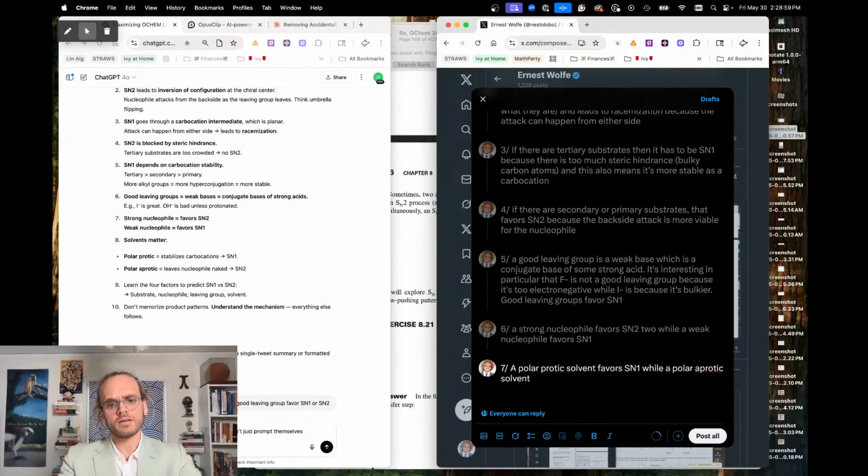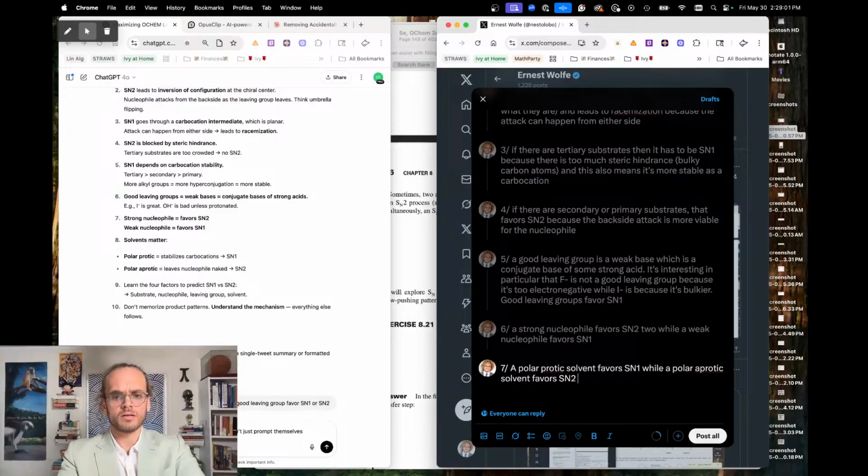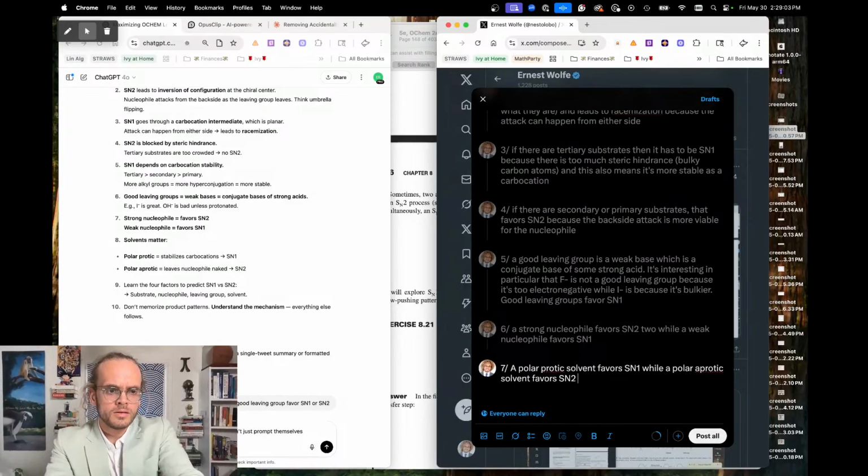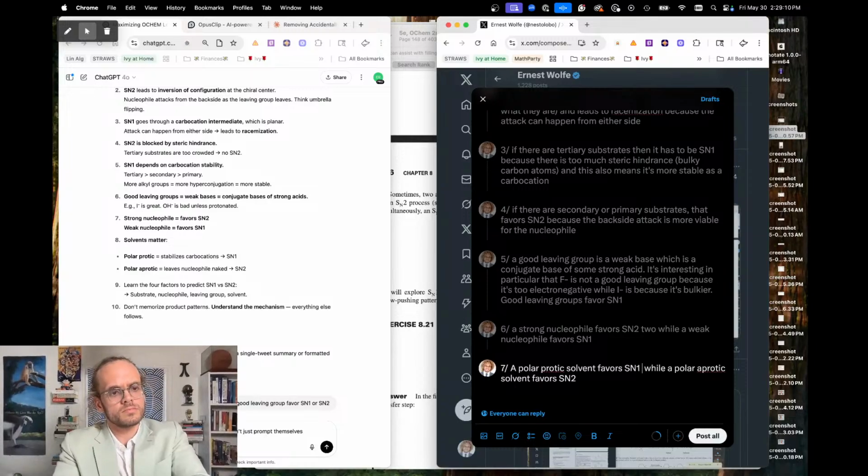Favors by creating a nice environment for carbocations.